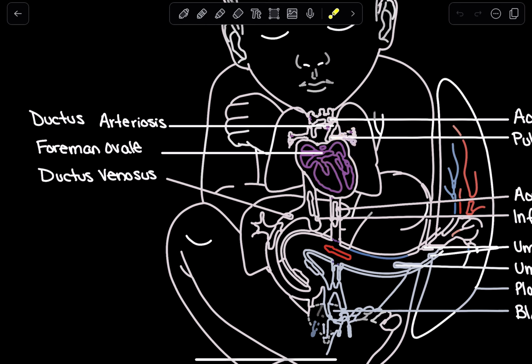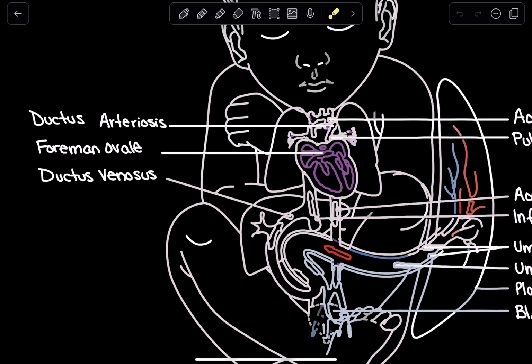So what that blood is going to do, it's going to bypass the right ventricle and go directly to the left atrium. So from the inferior vena cava, it goes to the right atrium, then it's going to bypass to the left atrium. But how does it bypass to the left atrium?